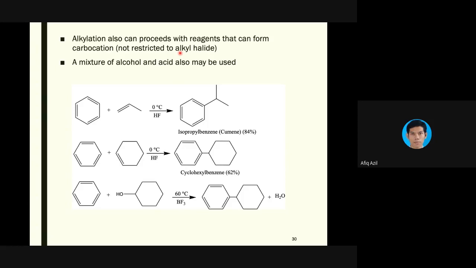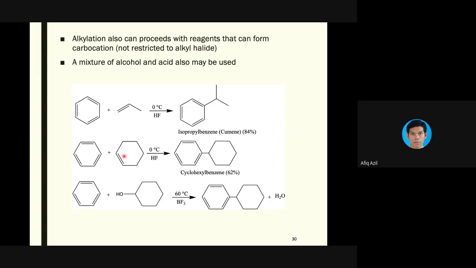So you can use, for example, alkene, or in fact you can use alcohol. If your reagent is alkene, the reaction condition will be 0 degrees Celsius, meaning very low temperature, with hydrogen fluoride, HF, as a catalyst. Then you will get the alkyl substituted benzene.